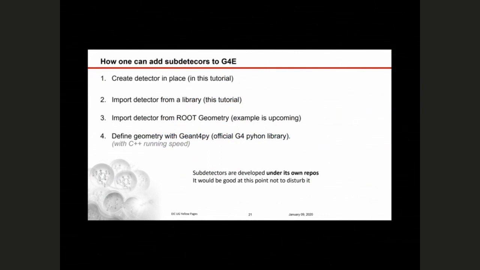And finally, as you know, Geant4 now has this Python library, and we don't see obstacles to defining a detector with it. I, by the way, haven't seen anybody really using Python for defining detectors, but it's possible. I saw notebooks, and why not, if it's possible. It's part of Geant4?